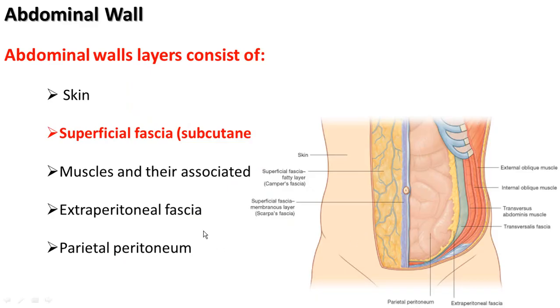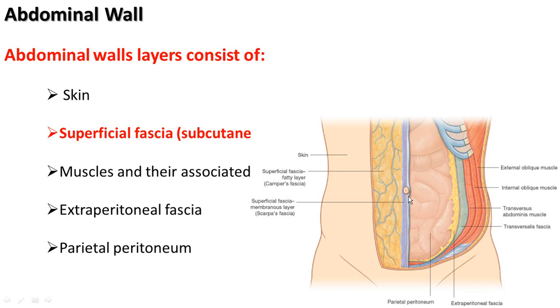And how about the superficial fascia of the anterior abdominal wall? The superficial fascia contains a variable amount of fat, and the maximum is in the lower half of the anterior abdominal wall.